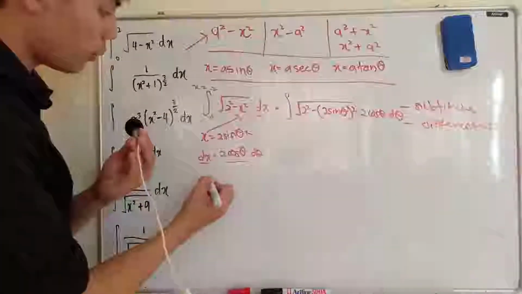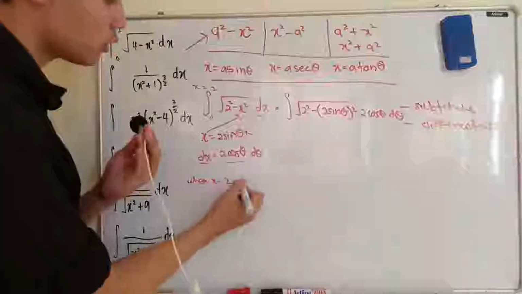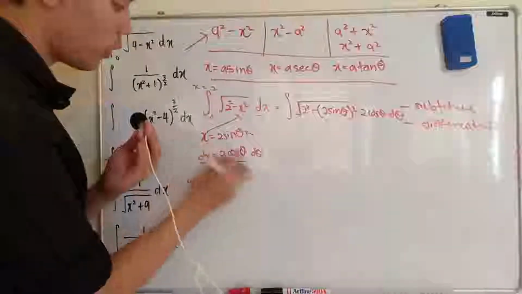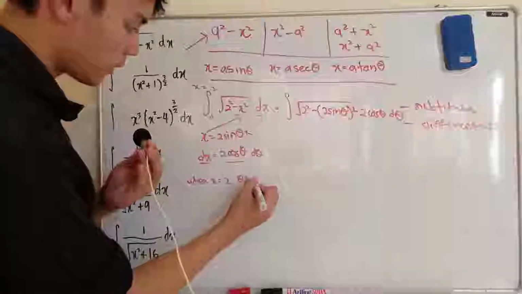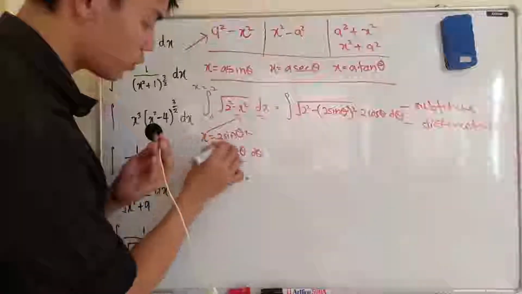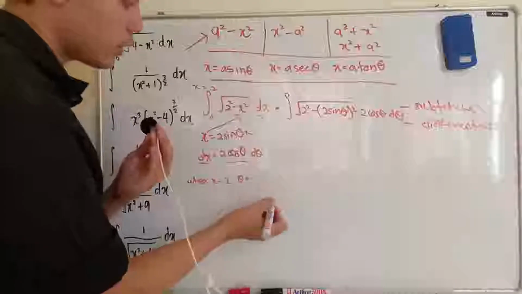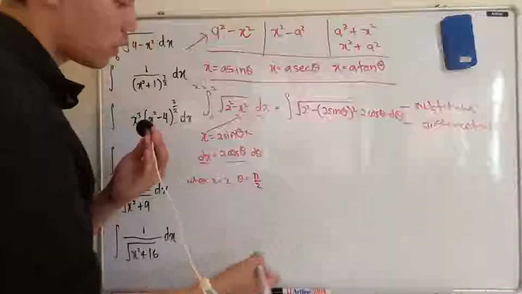So when your s equals 2, your theta is going to be, 2 over 2 is 1, arc sine of 1 gives pi over 2.